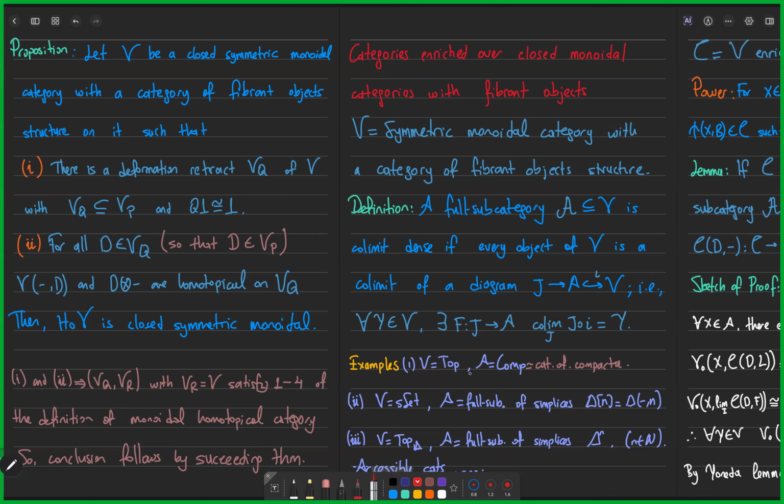Since every object is compactly generated, any object in Top can be written as a colimit of objects in Comp. Or we can take the category of simplicial sets and choose A as the full subcategory of simplices, Delta n, which are the representable functors, in other words.